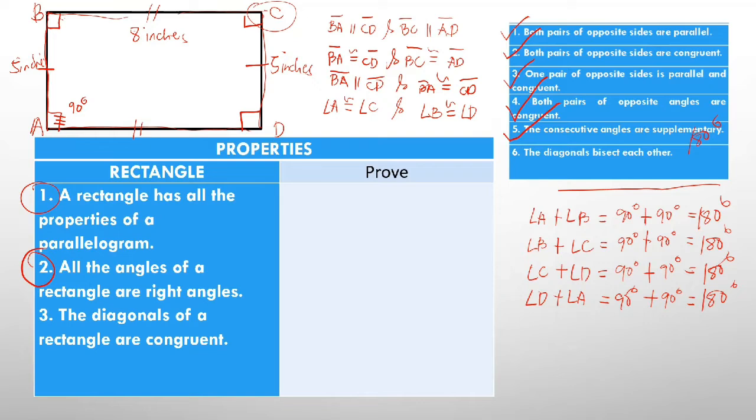The diagonals bisect each other. So, the first diagonal natin is diagonal BD, and diagonal AC.